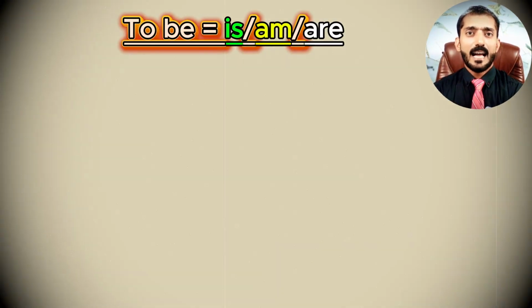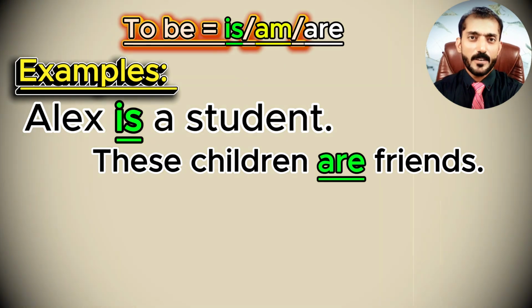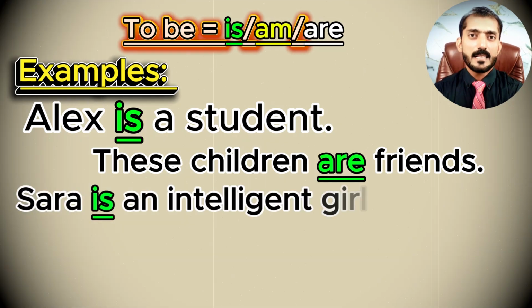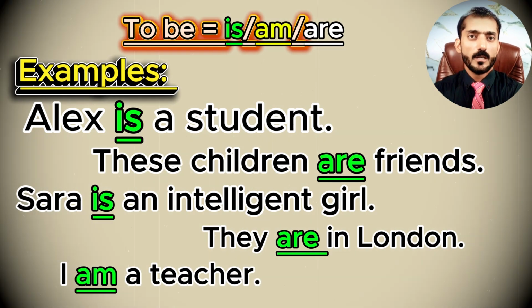For example, Alex is a student. These children are friends. Sarah is an intelligent girl. They are in London. I am a teacher, and so on. Did you notice in these sentences we did not talk about what these subjects do. Instead, we just talked about their state, quality or place.